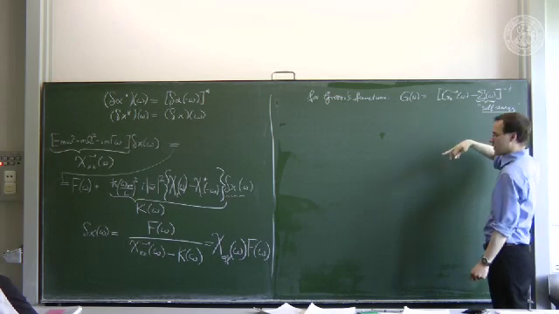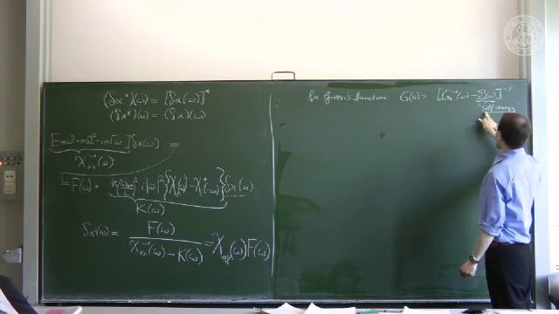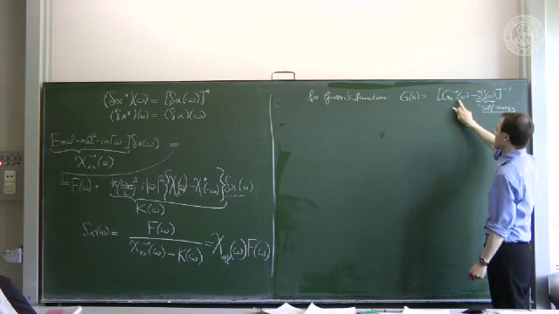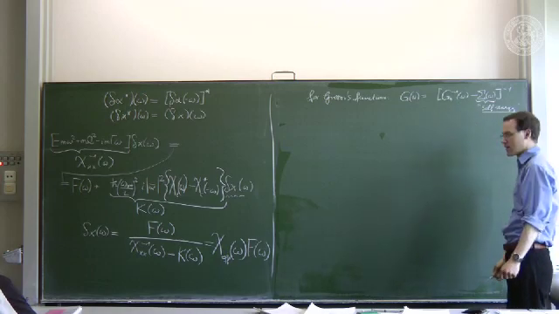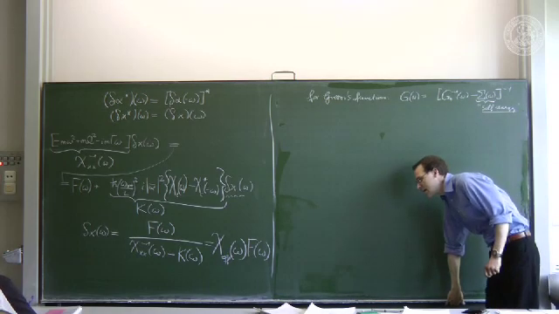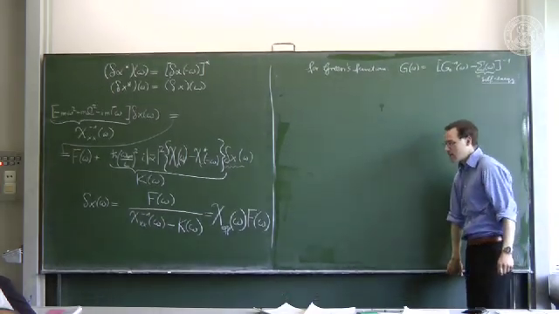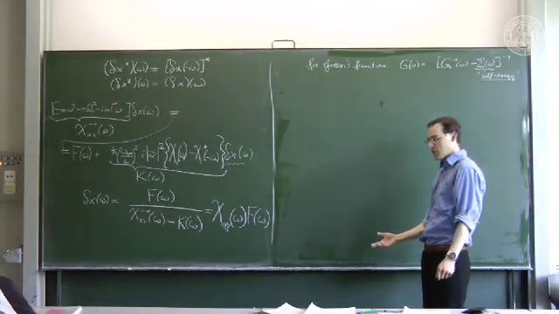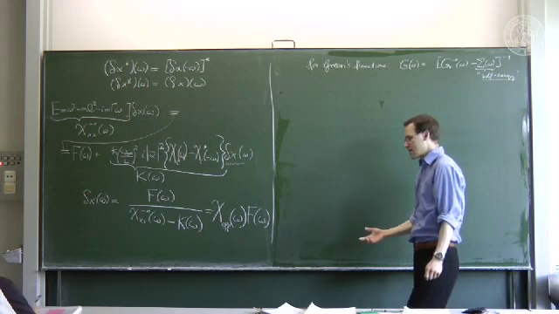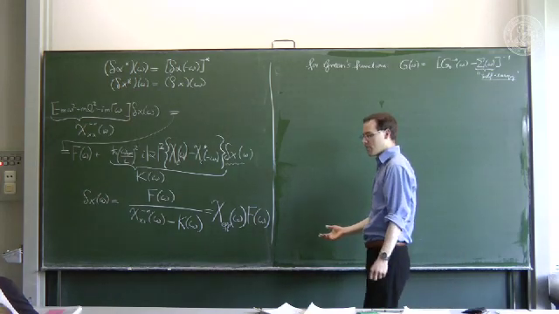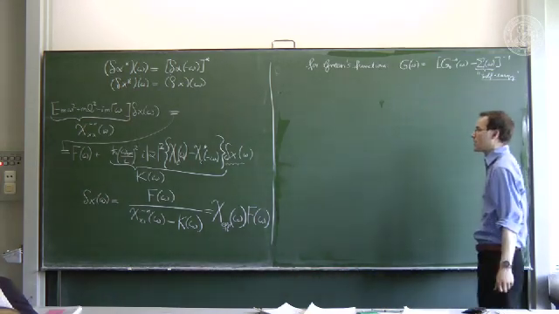Because it will turn out that if you analyze it more closely, this leads, among other things, to a shift of the energy of the particle. And so, in our case, we're talking not about the energy of a particle, but about a harmonic oscillator. And we will see that this K of omega directly gives you a measure for the frequency shift of the harmonic oscillator.